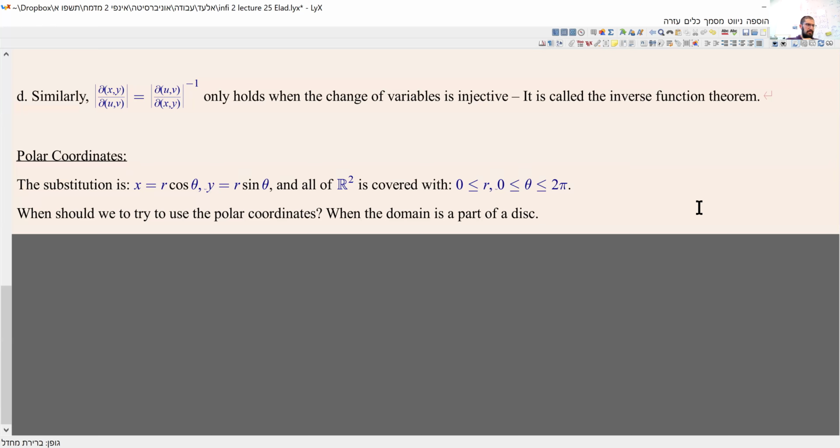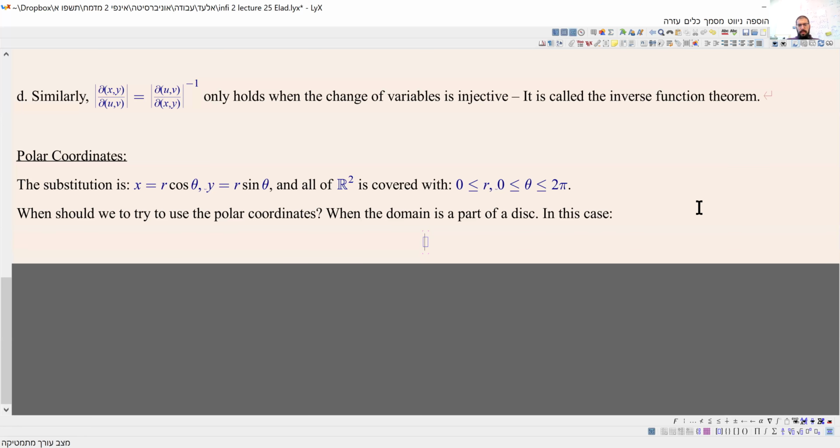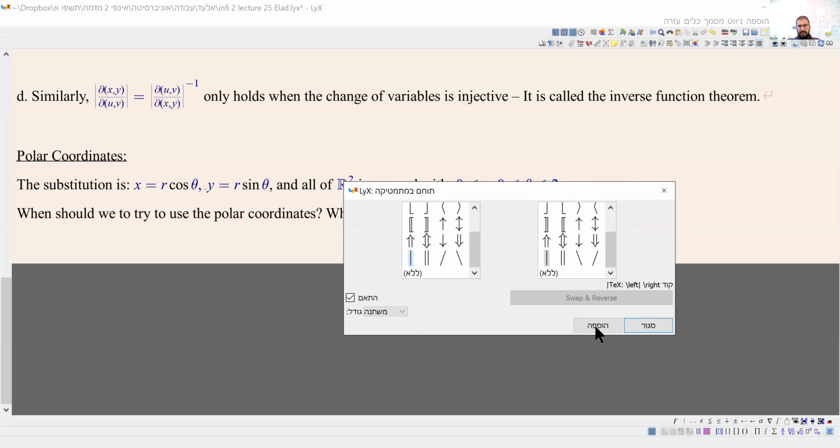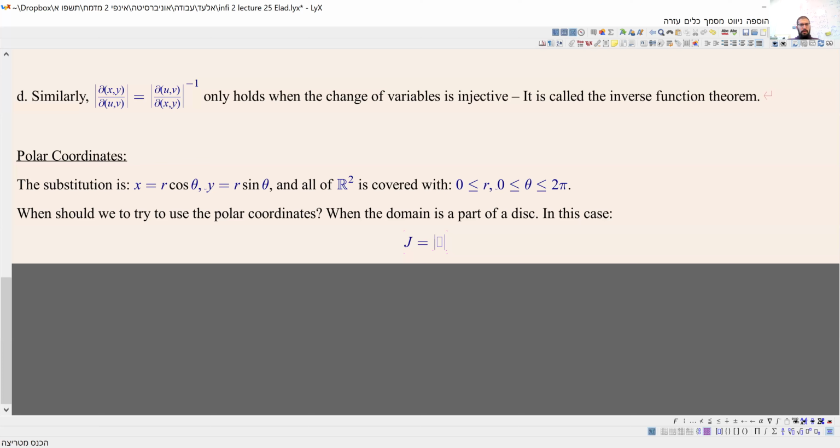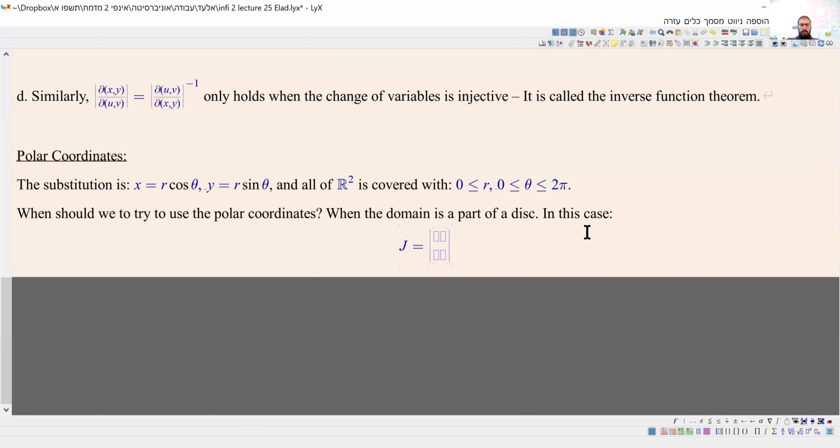Usually, when it comes to part of a disk, using the polar coordinates will lead to a rectangular domain. In this case, what is J? Here, x and y are actually expressions of r and theta, so we can use the straightforward formula for J and not the so-called inverse function theorem.